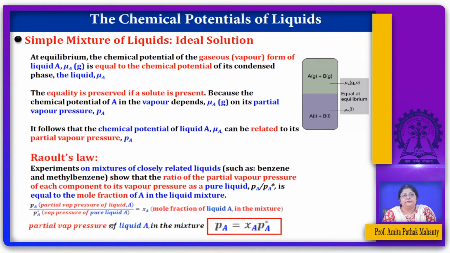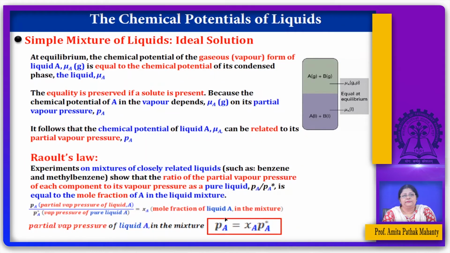This can be rewritten as: the partial pressure of component A in the mixture is the mole fraction of that component in the solution times the vapor pressure of that component in the pure state.